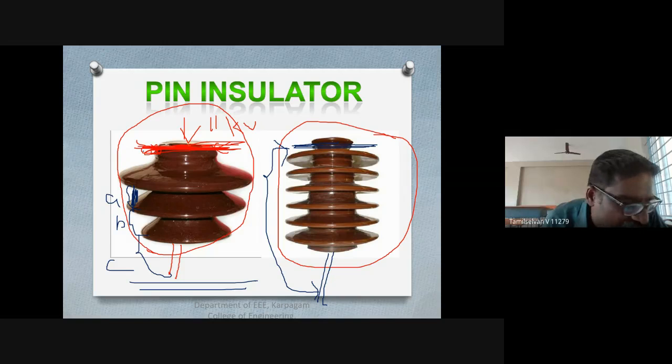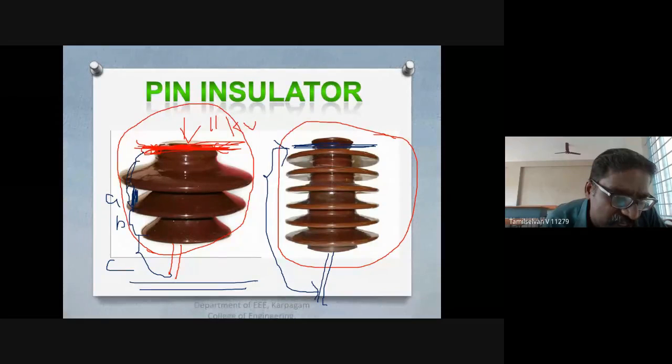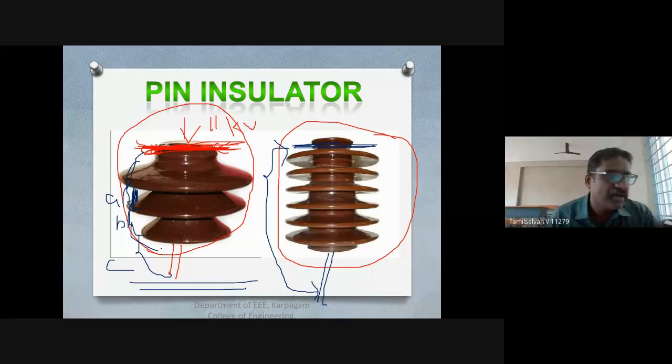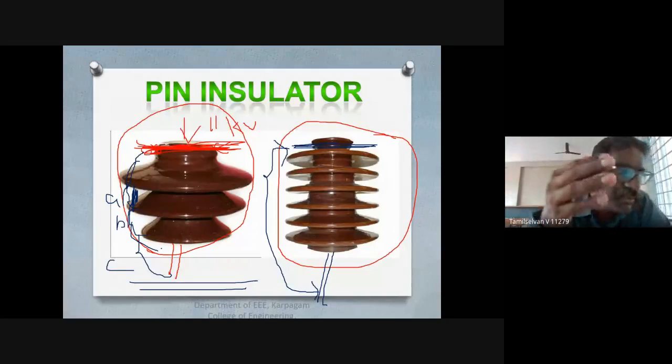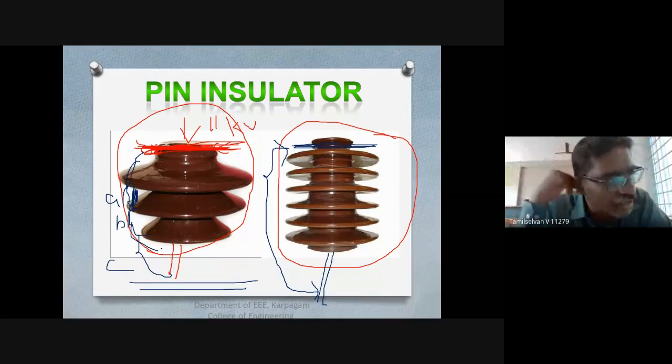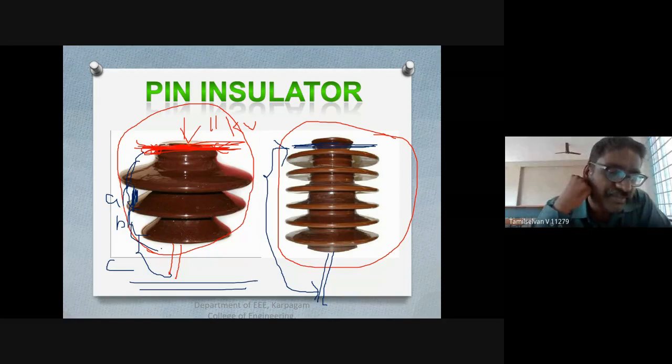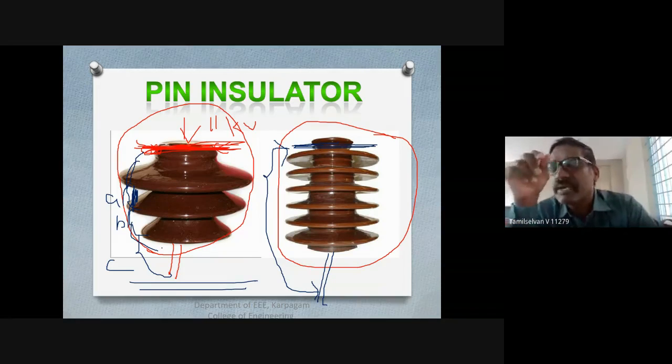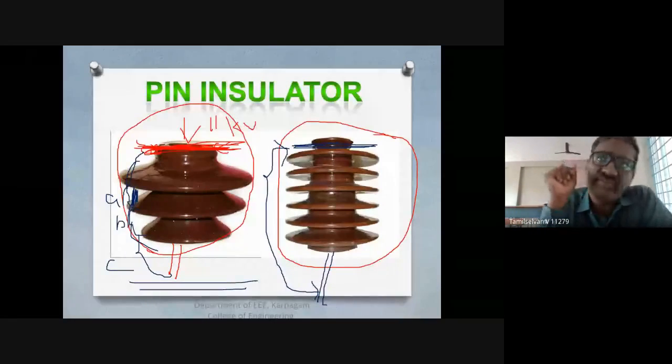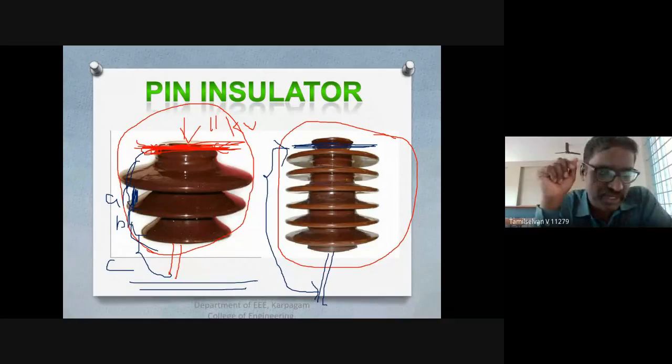If the discharge happens from the conductor to the pin surface, meaning the insulator pin, through the body of the insulator, then that is called puncture. These two things are very, very important in your insulators: flashover and puncture.